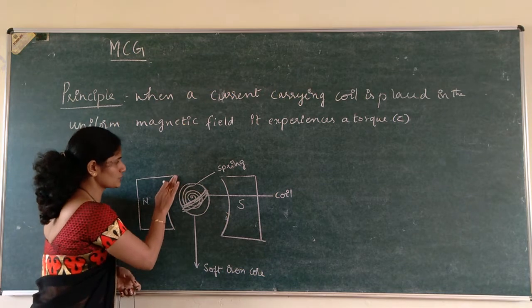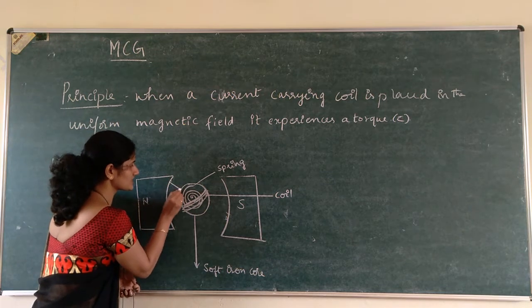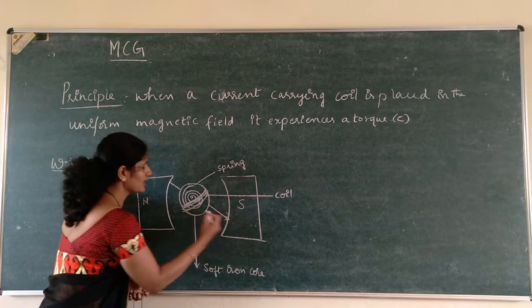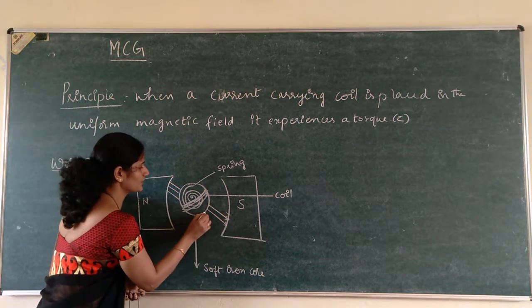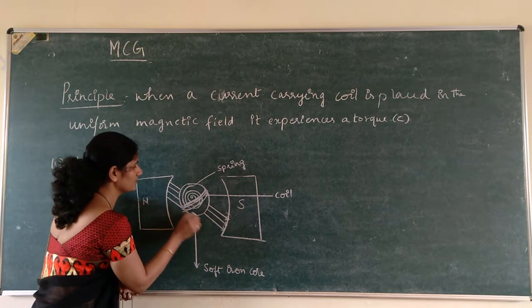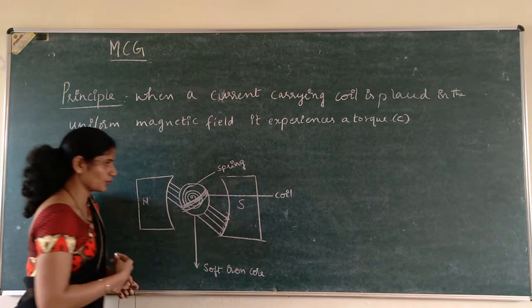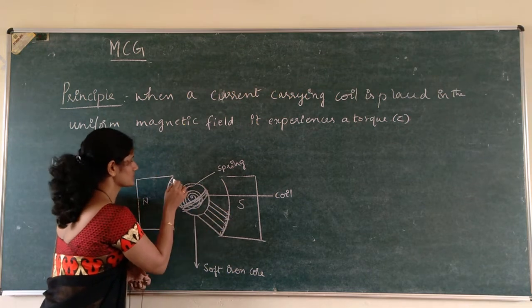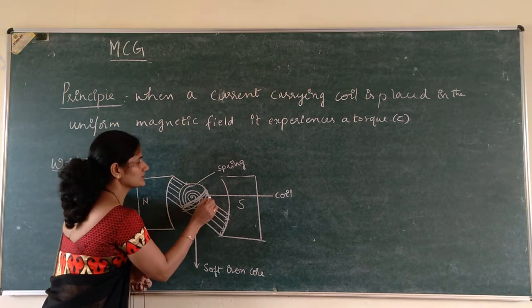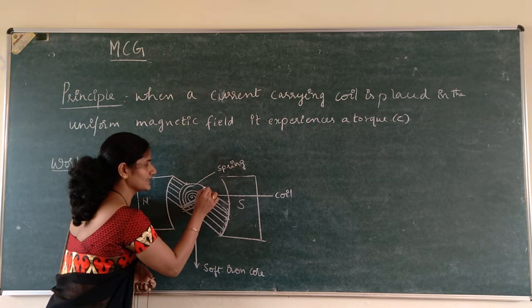So, this soft iron core makes the field radial. We know that the field lines are always directed from north pole to south pole. So, like this we have the field lines.